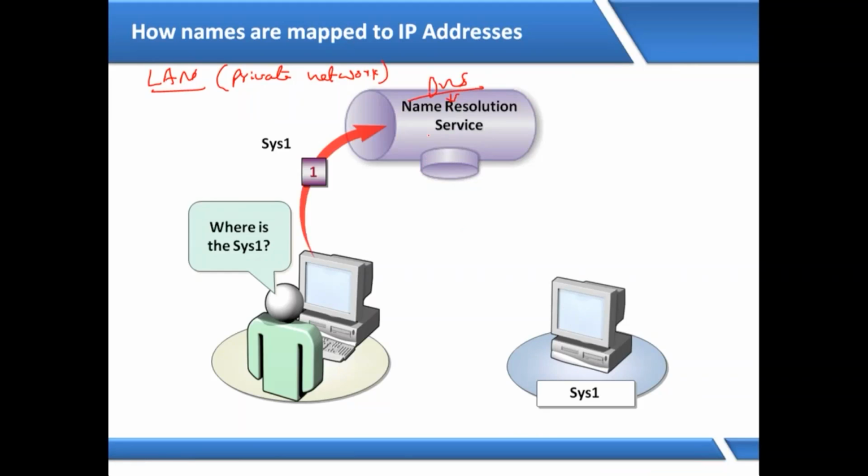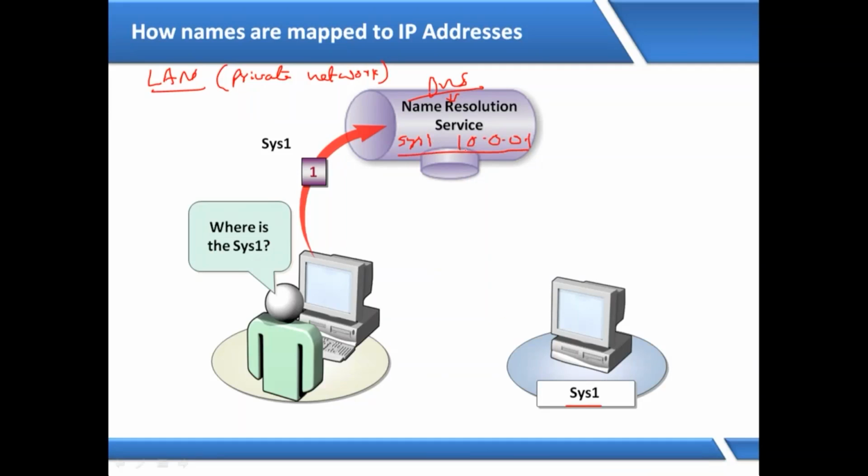So first, as the administrator, when you configure the DNS server, you have to give the entry of this machine name. This machine we have to access. So this machine name with the IP address.